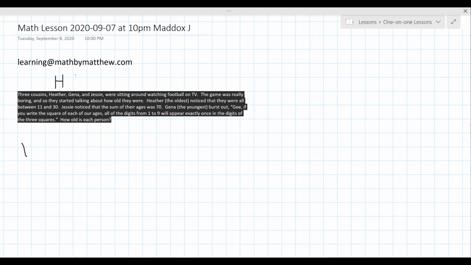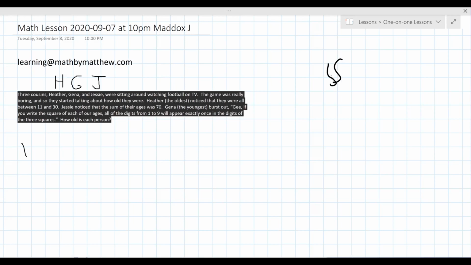Heather, Gina, and Jesse. I need to reset my. Are you still seeing my screen? Yeah, I can still see it. Okay. I gotta power this thing on and off. Hopefully that's all it takes to get this pencil working.